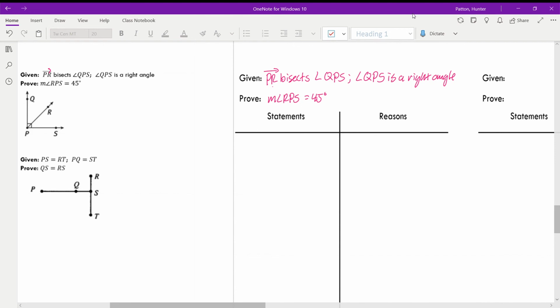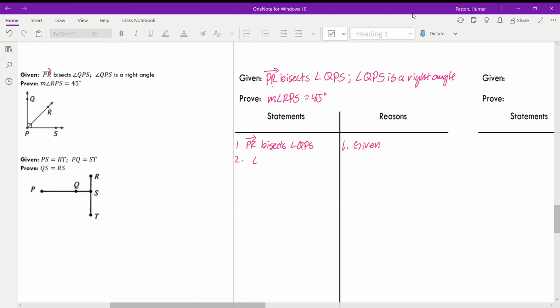Okay, so 1, ray PR, this should be ray on your sheet, not segment. Ray PR bisects angle QPS, and this is by given. Okay, what this tells me is that the two angles it forms are congruent.